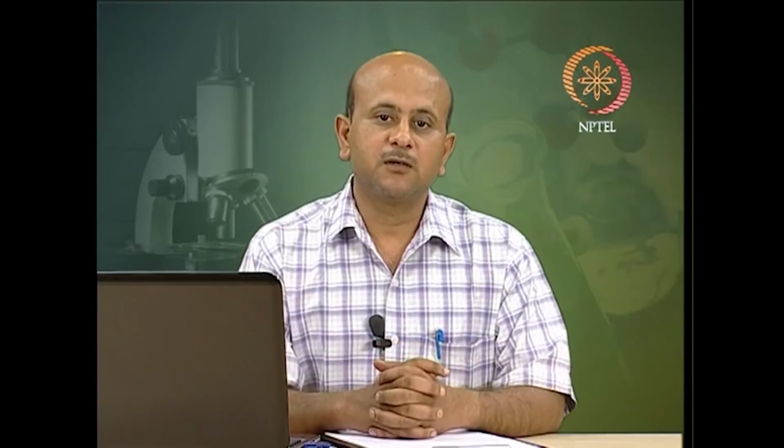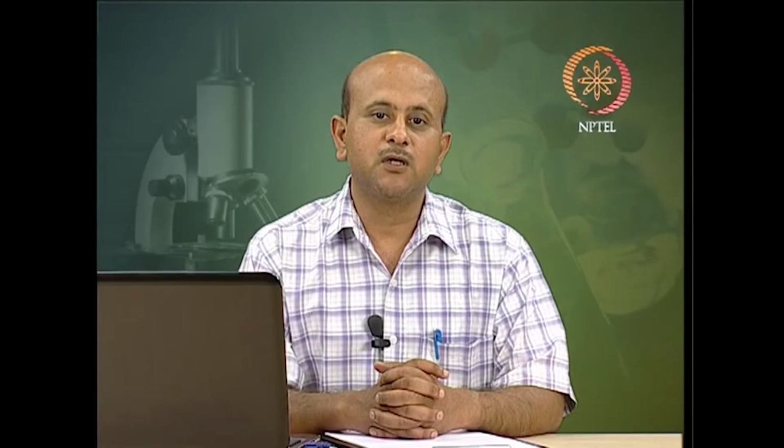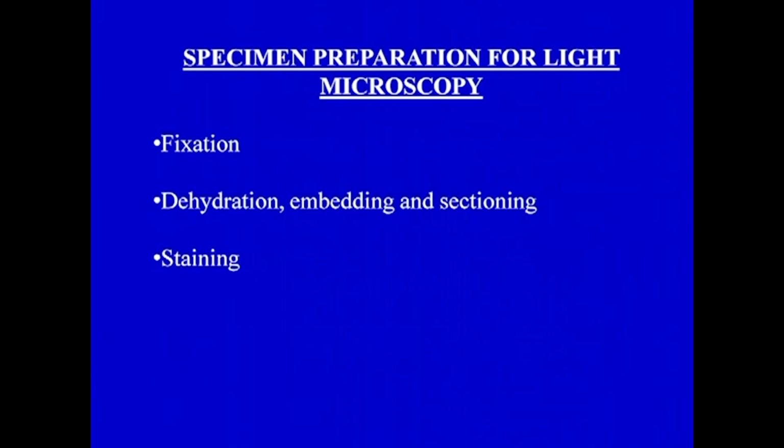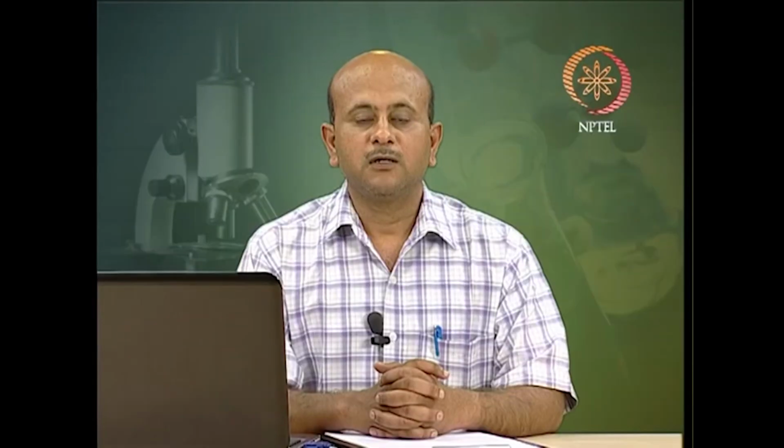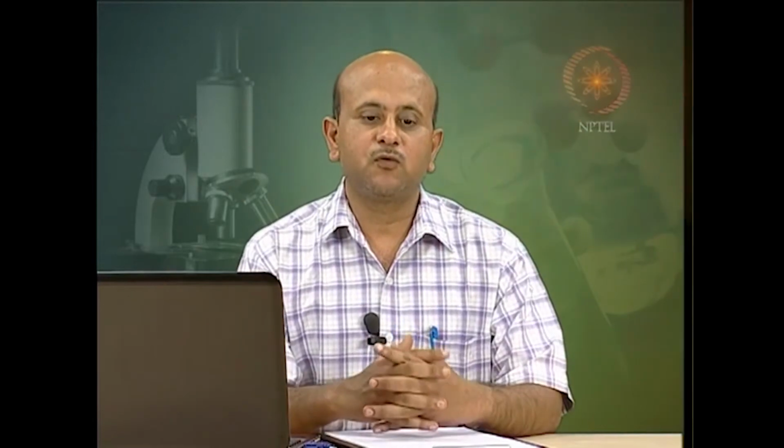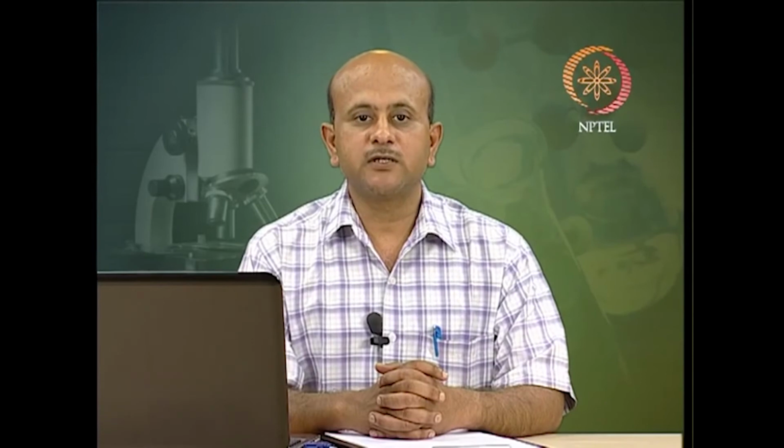Now, before we end this section, let us also discuss a little bit about specimen preparation for light microscopy. If you remember, I have told you that there could be 2 kinds of samples used here.